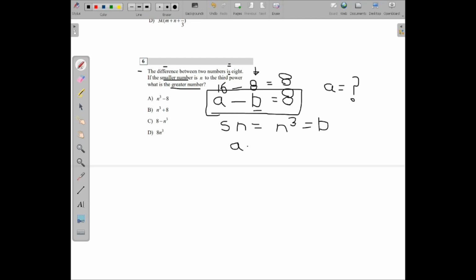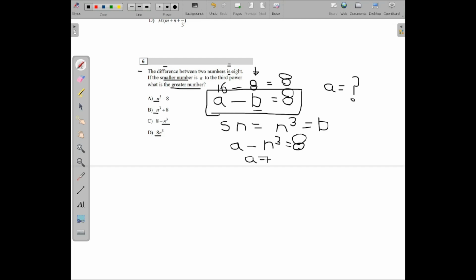A minus n to the third power, because we know from the answers that we have to use this n to the third power, because each answer has that, and usually they don't give you information unless it is necessary. So now a minus n to the third power is equal to 8. Let's simplify this.